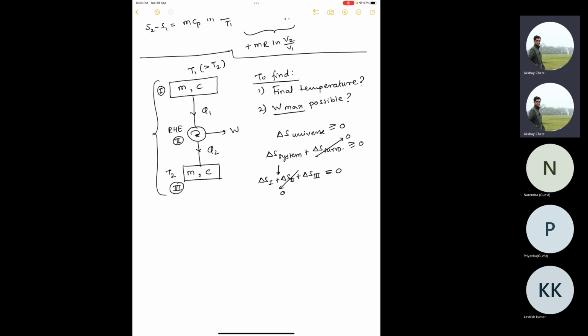So to get the maximum work, you have to consider that it is 0. If you understand this point, then this further algebraic thing becomes easier. Now, let's say the final temperature of your system is Tf, which is unknown.